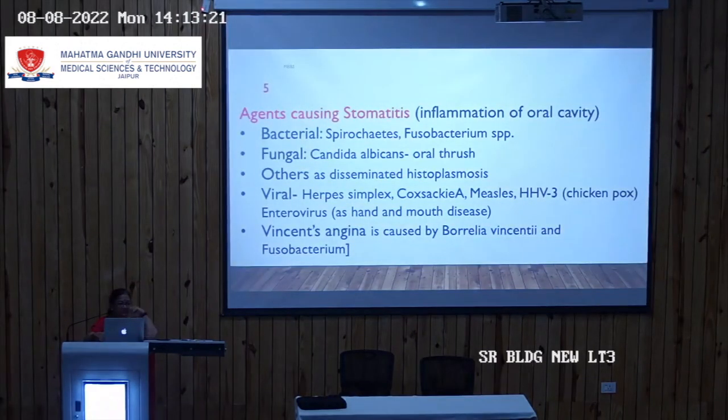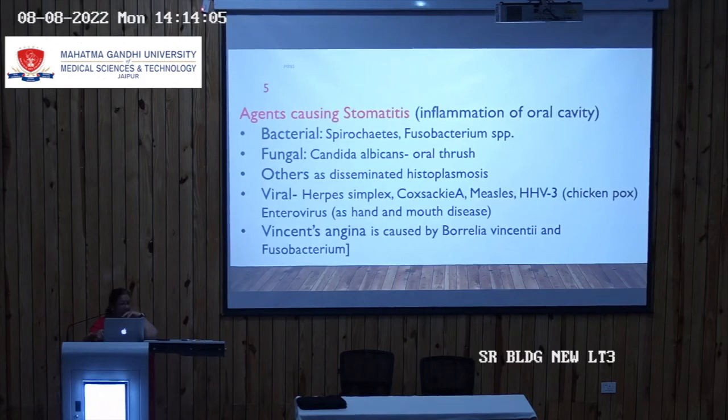Now, the first thing, which may not be a syndrome but just a symptom, is stomatitis, which is the inflammation of the oral cavity. It can be caused by bacteria like spirochetes, Fusobacterium species, etc., or it can be fungal, caused by Candida albicans. It is usually called thrush.